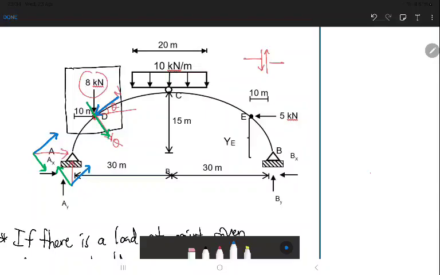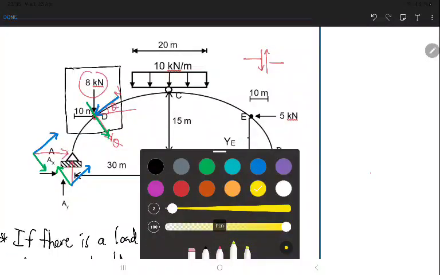Okay, theta, where do you want to put the theta? So theta here. Follow this shape.